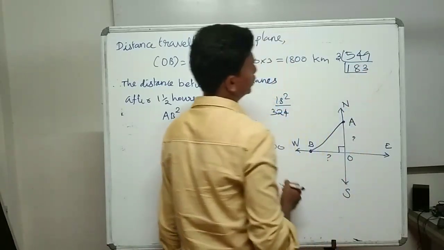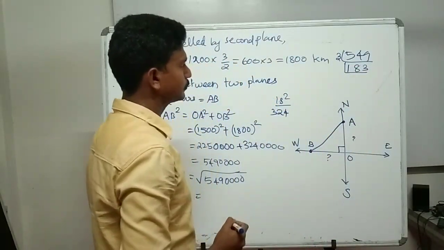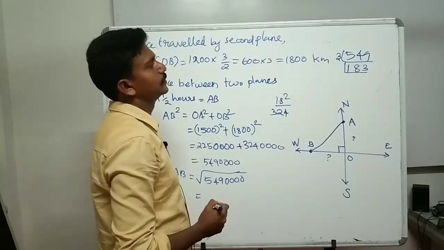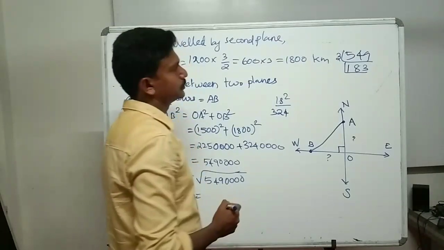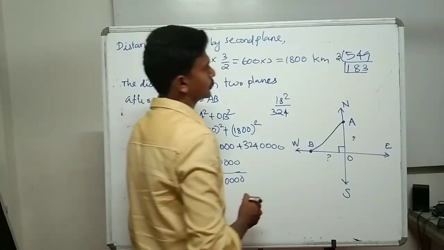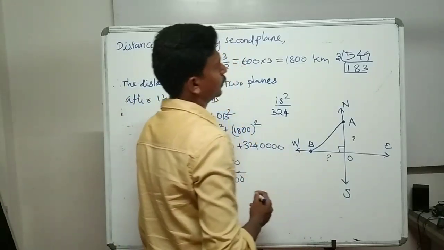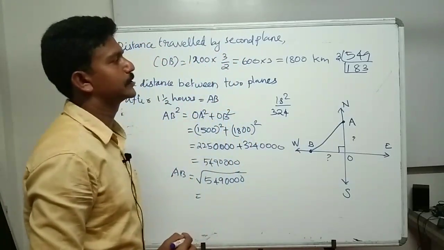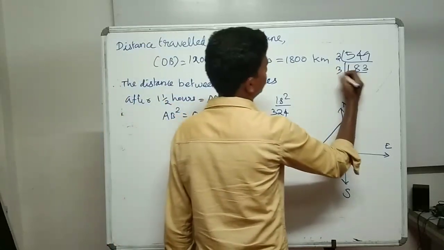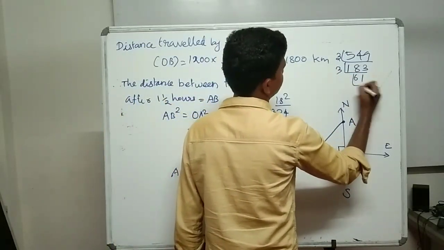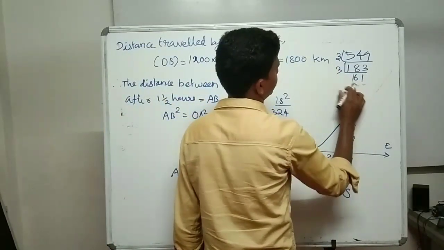Then, 9 plus 3, again it goes in 3, and 61 is actually a prime number.